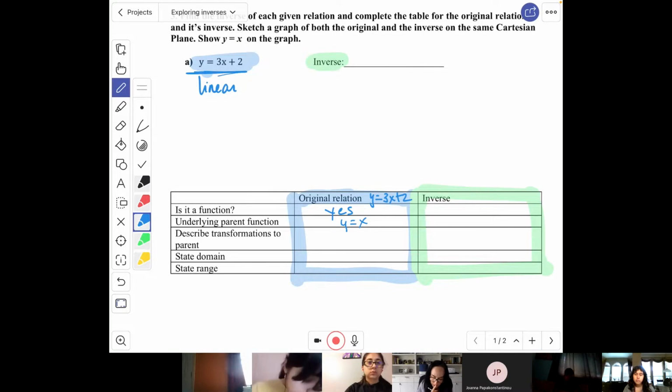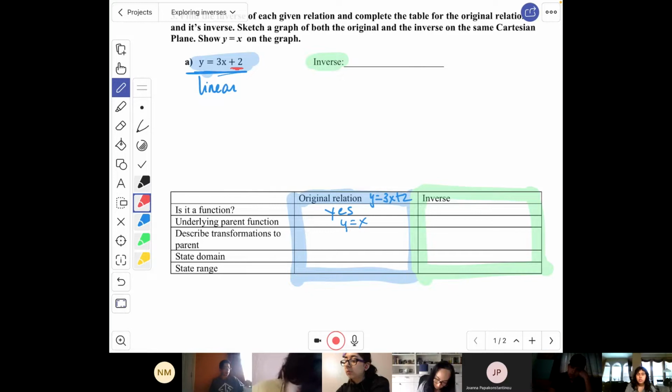Now, in looking at y equals x and looking at this, can you describe the transformations? What are we changing in the original function? What does the plus 2 do? Any idea what that plus 2 does to the parent?